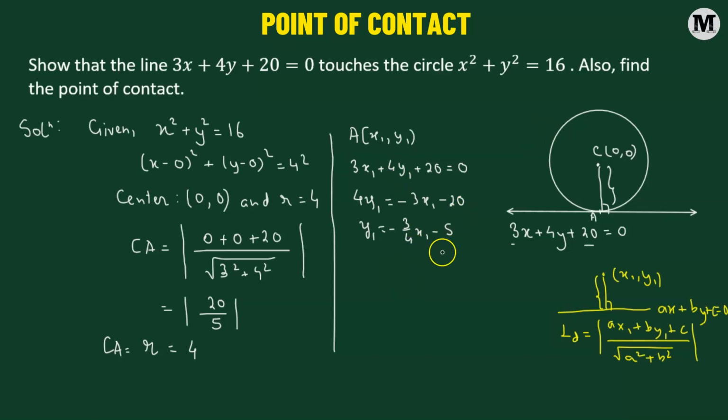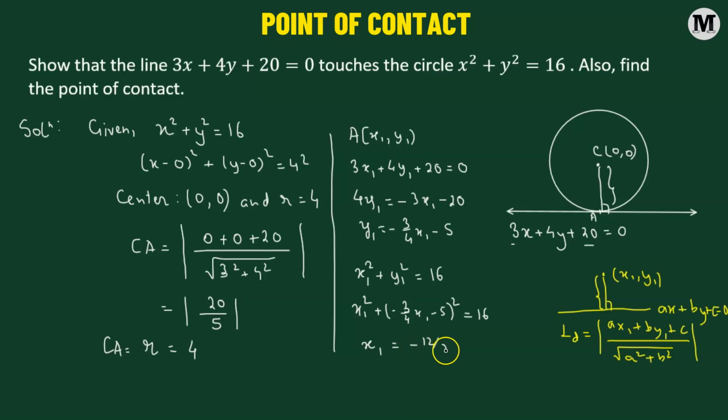Because the point A lies on the circle as well, the equation of the circle will become x1 squared plus y1 squared equals 16. We'll replace the value of y1 with negative 3 over 4 times x1 minus 5, whole squared, equals 16. Now when we solve for the value of x1, x1 is going to give us a value equal to negative 12 over 5.